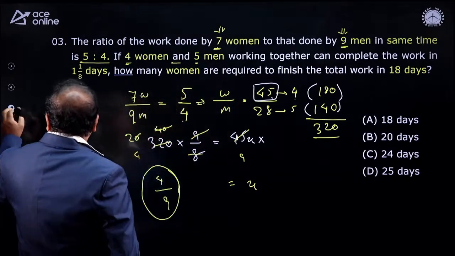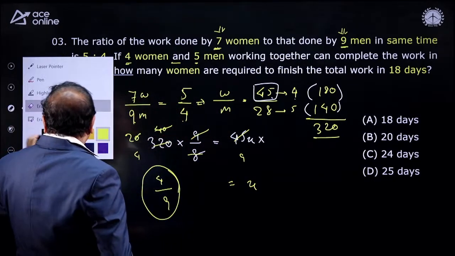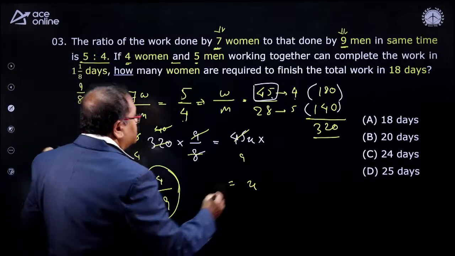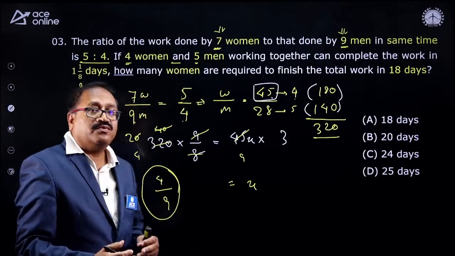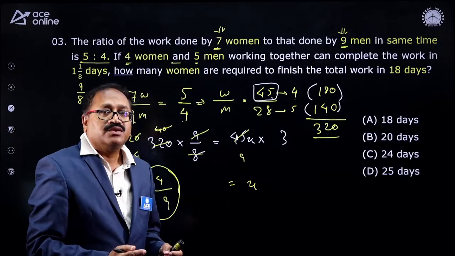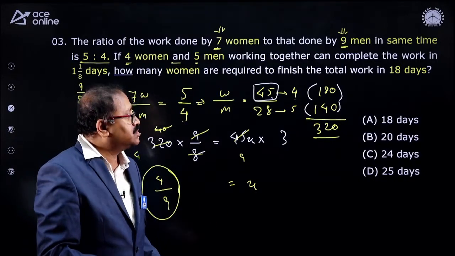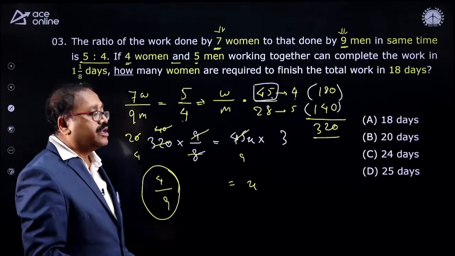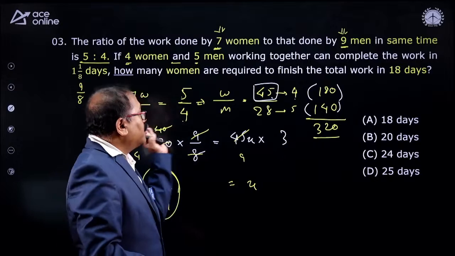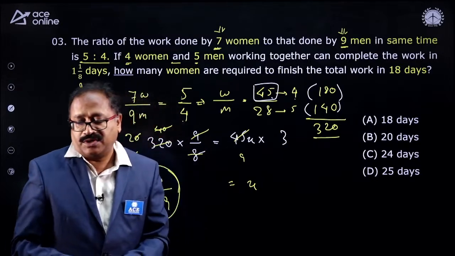Let's take this as 3 days. Then if I consider this as 3 days, I will get the whole value, or 4 days. So now you know how to answer this question. The actual answer, I don't know. There may be some typing error. It's okay. But how to approach questions like this is very important.